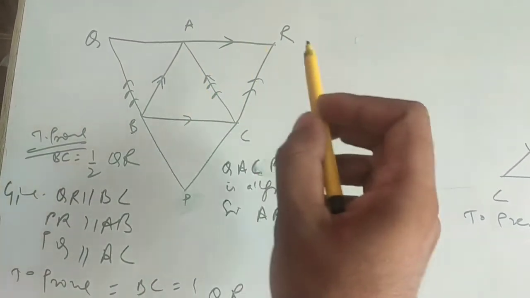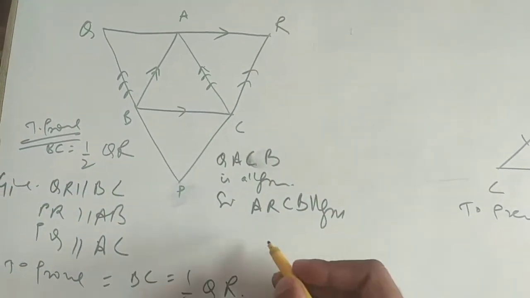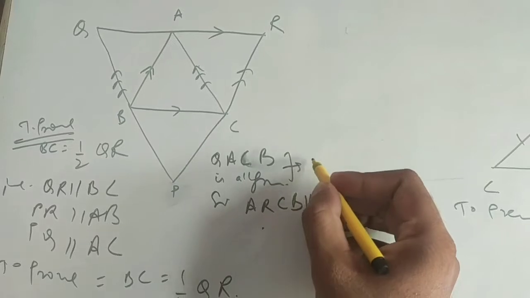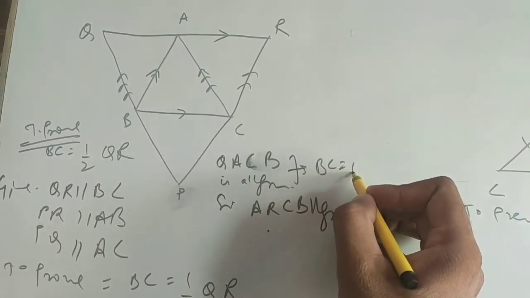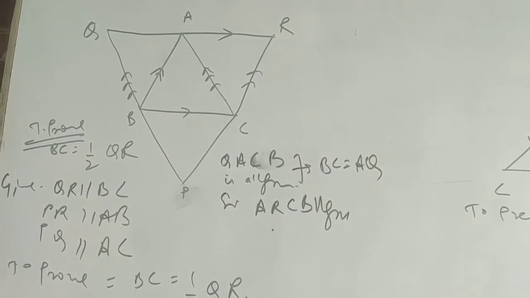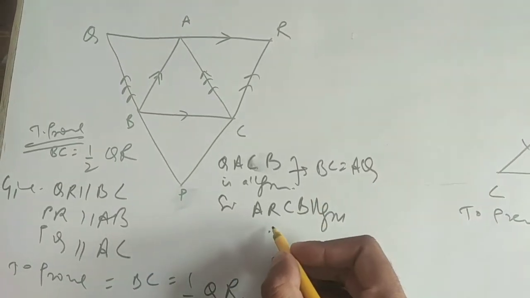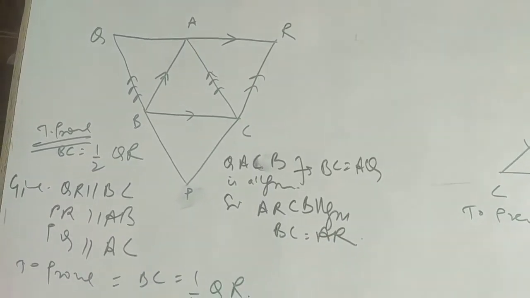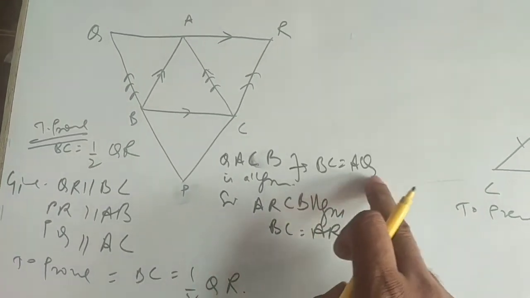So from the first parallelogram, BC will be equal to AQ because opposite sides of a parallelogram are equal, and from ARCB we can say that BC is equal to AR.